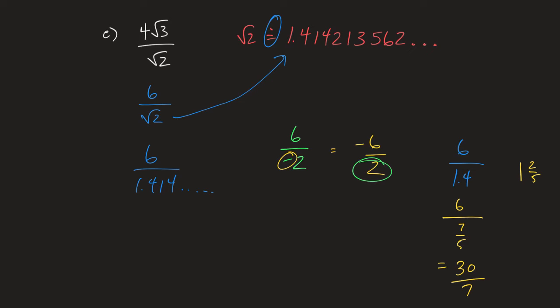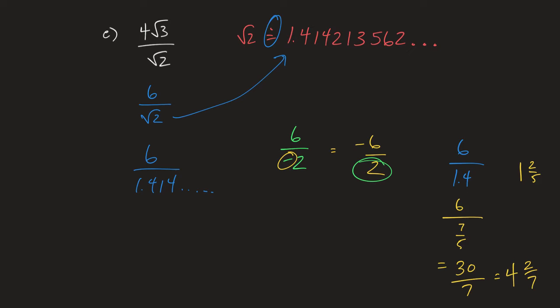Because now I can take 30 things and break them up into 7 groups. 7 doesn't go into 30 evenly, so it doesn't mean that I have an even number of whole things in each group. I'm going to have a certain number of whole things, 4 whole things in each group, and then 2/7 of a thing in each other group.